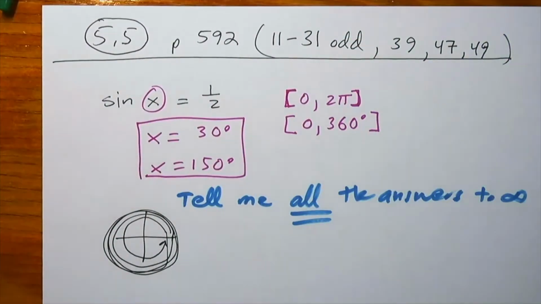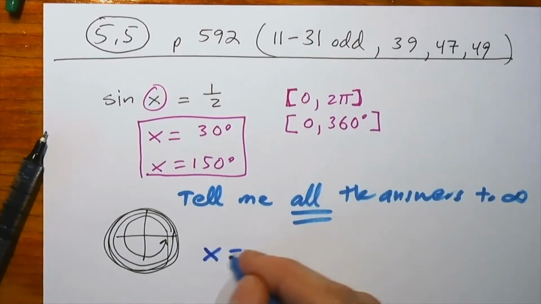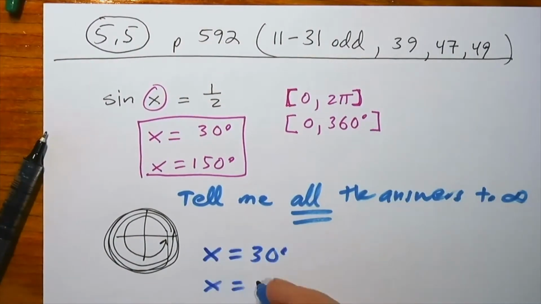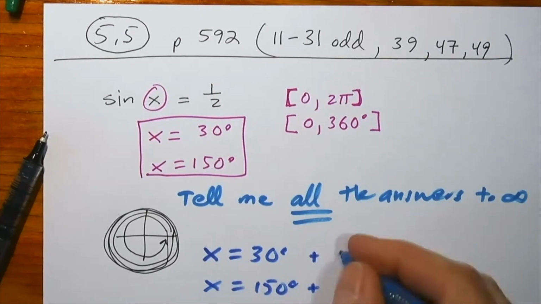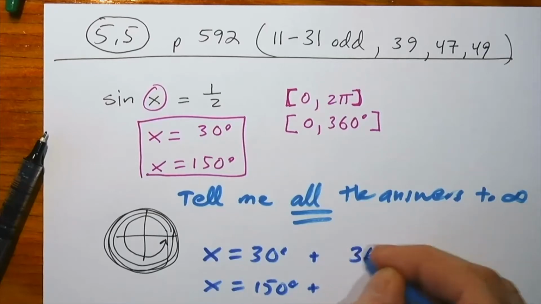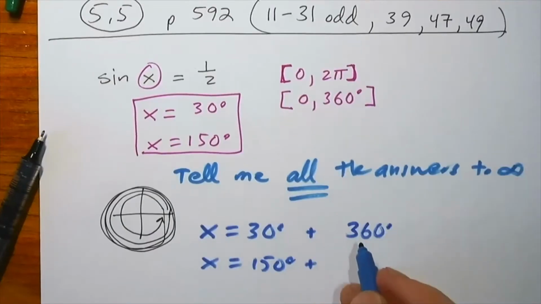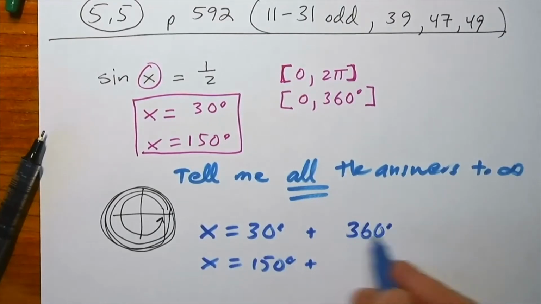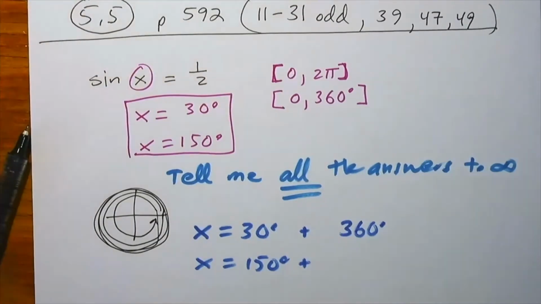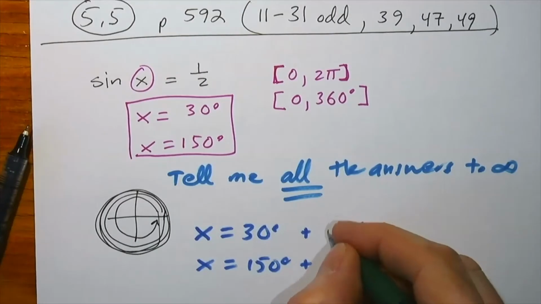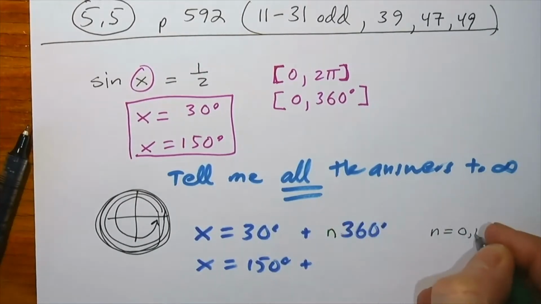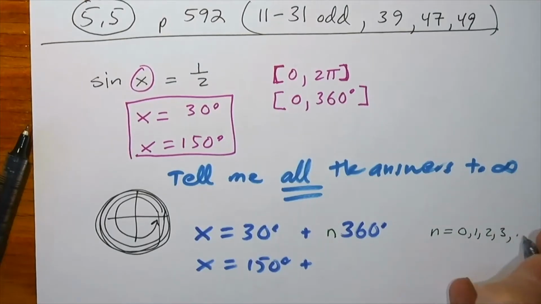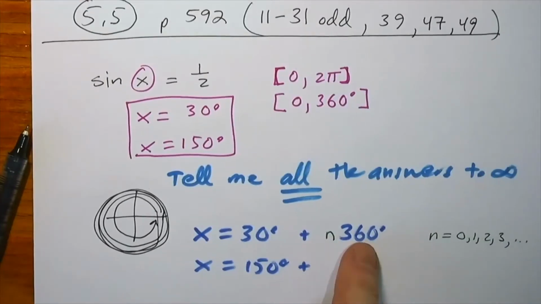So what you do on your answers is you write those two answers, 30 degrees and 150, and then just say plus another 360 degrees. What if I want to add another 360 or another 360? Then they're going to put an n here to say n is any integer, like 0, 1, 2, 3, etc. So you can add as many 360s as you want.